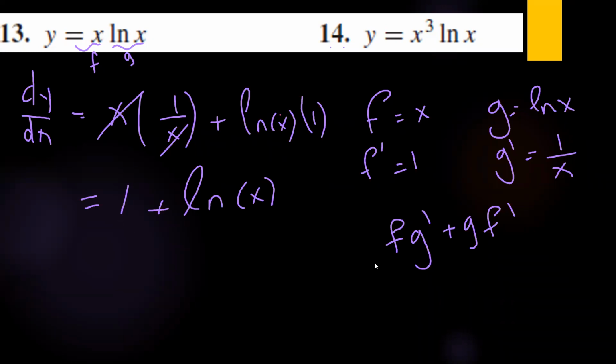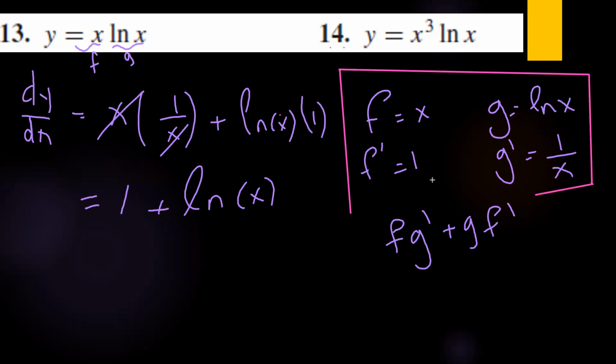Here we assume that x is f and ln of x is g. So we say if f is x, f prime will be 1. And if g is ln of x, g prime will be 1 over x.